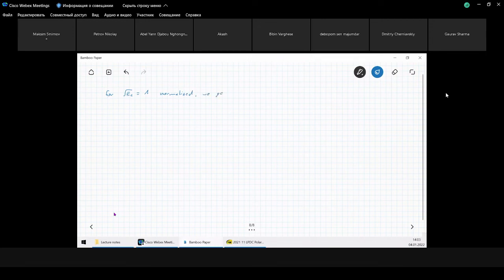We get the log likelihood ratio for observation y0 will be 2 times the observed value divided by sigma n squared. So this is basically how these log likelihood ratios in my example with the numbers have been calculated.